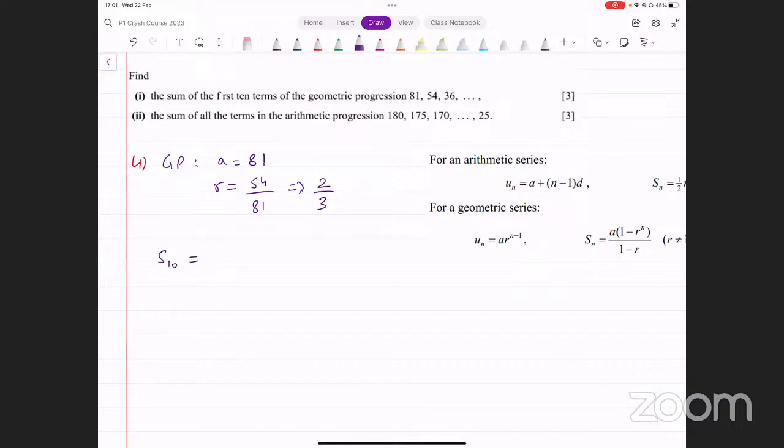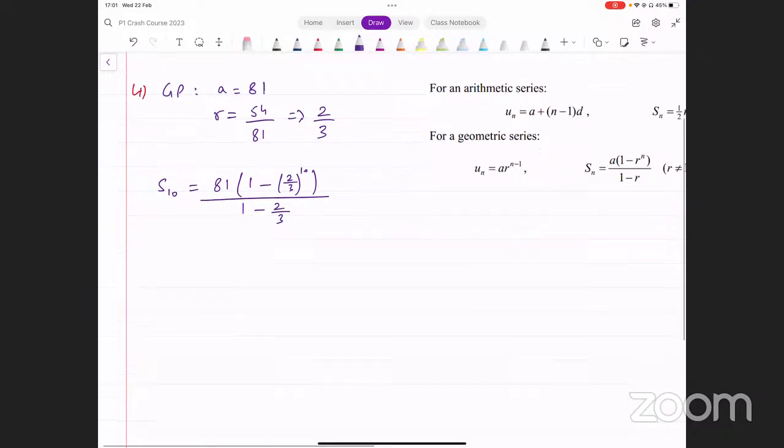On the right side, we have a is 81, into 1 minus r raised to power n. So that's going to be 1 minus 2 over 3, raised to power n. Remember, the value of n is 10 here, divided by 1 minus r, which is 1 minus 2 over 3. This is how this fraction looks.